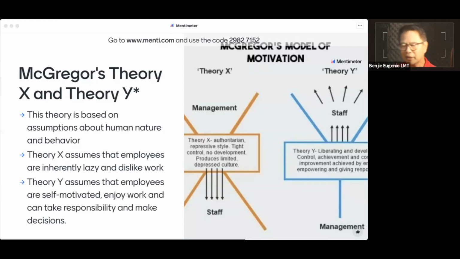So Series Y could normally be given to ara dira sa mga top middle managers position.